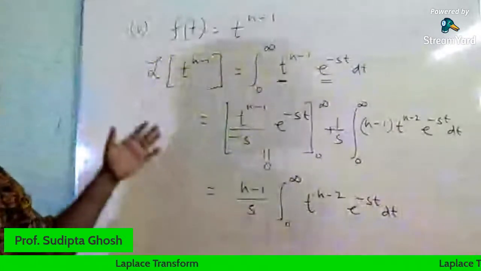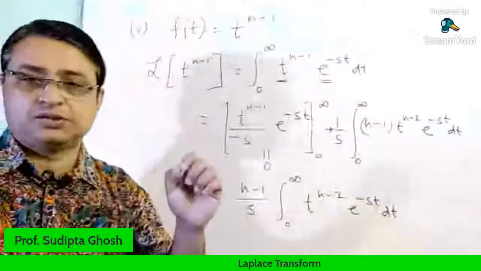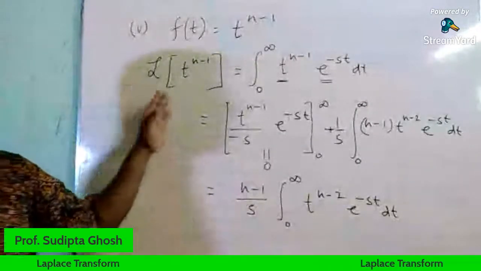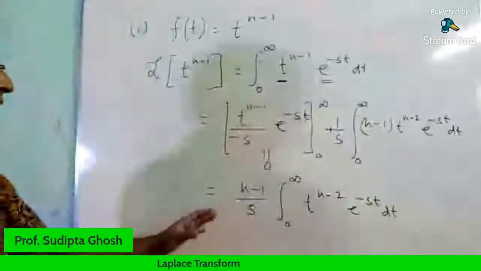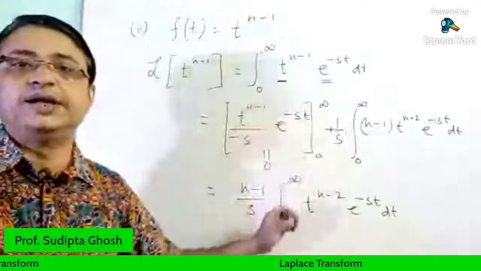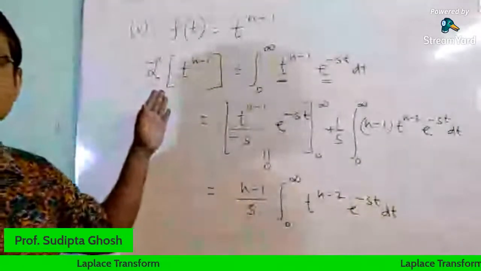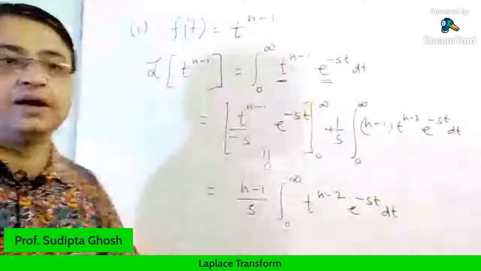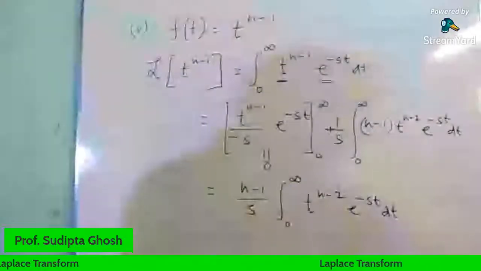So from the Laplace transformation of t to the power n minus 1, just listen carefully, the Laplace transform of t to the power n minus 1 gives me n minus 1 by s integral 0 to infinity t to the power n minus 2. So by calculating the Laplace transform of t to the power n minus 1, the first value becomes t to the power n minus 2.